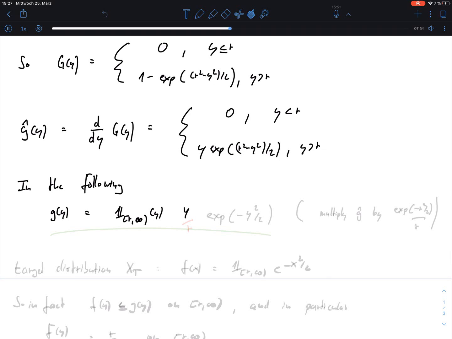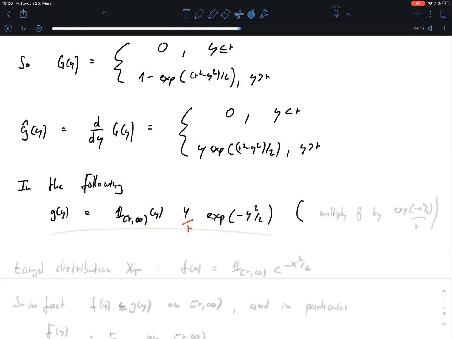We also cannot skip this because it's not a constant, but then we add this, so we divide by r, this will be useful, and exp of minus y squared divided by 2.